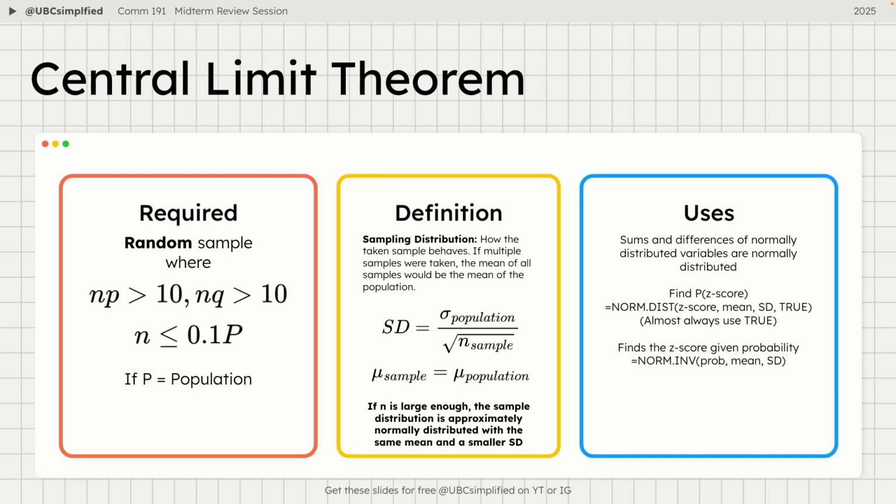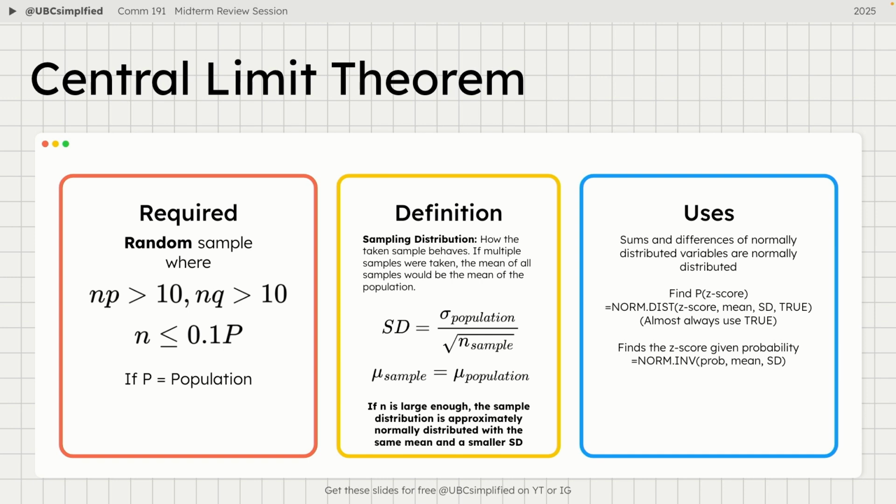What we're trying to do is estimate how the sample relates to the population, and we're doing this through a sampling distribution. Basically, we're trying to estimate how the taken sample will behave. If we took one sample, and then another, and then another, and took the average of all of those samples, the odds are that the mean of all of those samples would be the same as the mean of the population.